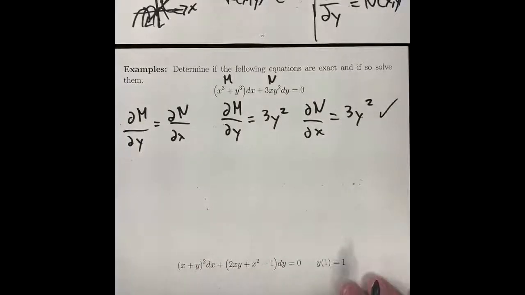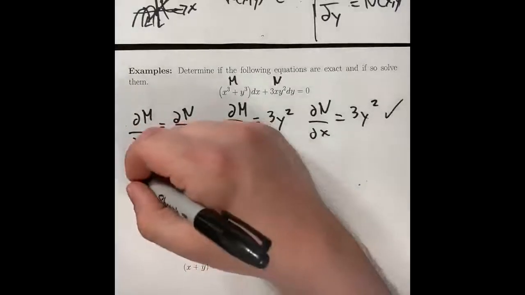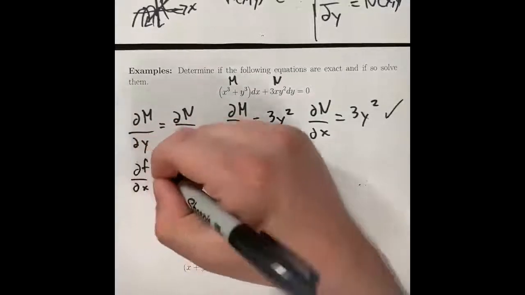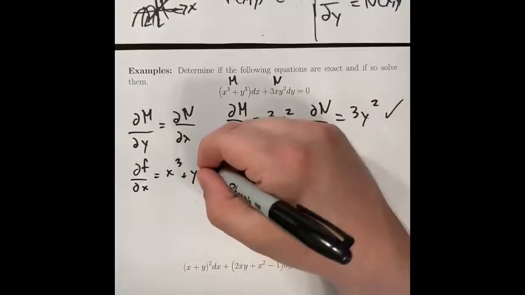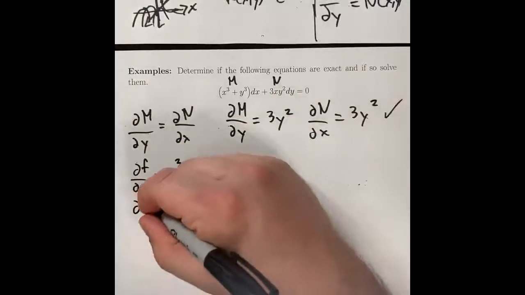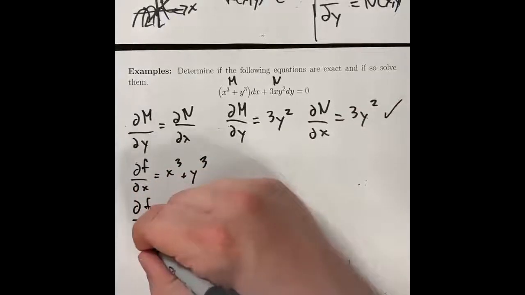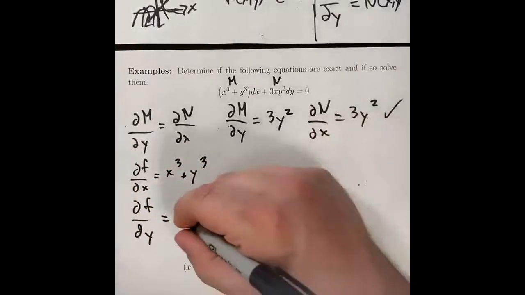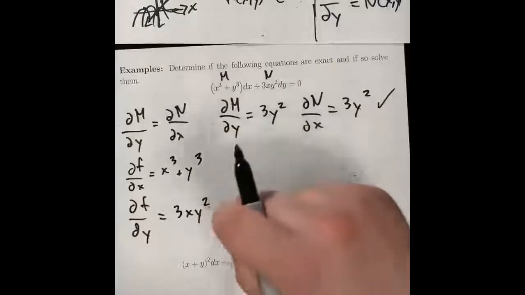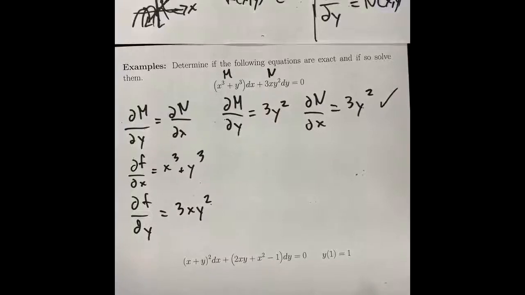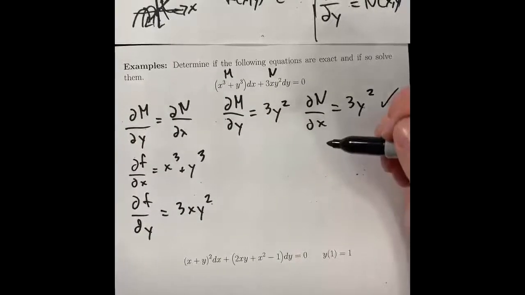Now we need to try and find that function f that satisfies partial f, partial x equals x cubed plus y cubed, and partial f, partial y is 3xy squared. We need to find f that satisfies these two equations. We do that basically just by integrating.